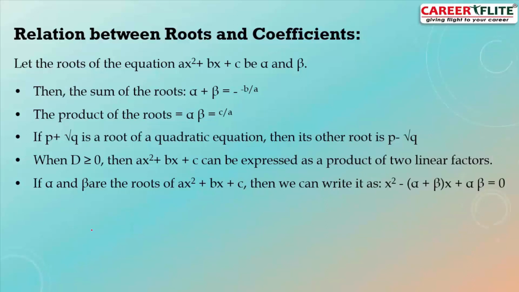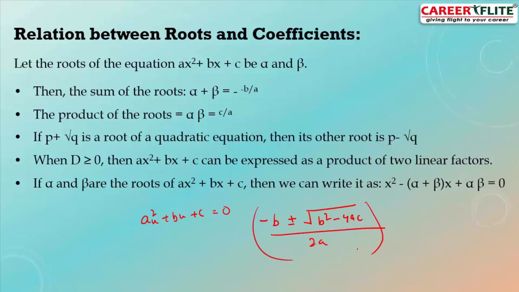The common method we use for finding the roots, given ax square plus bx plus c equal to 0, is minus b plus minus square root of b square minus 4ac, all divided by twice a. This is the formula to find the root of an equation.